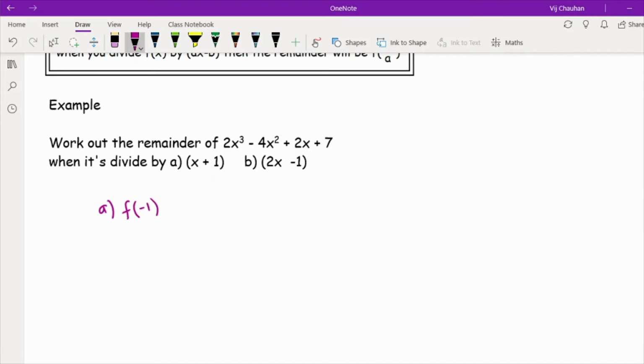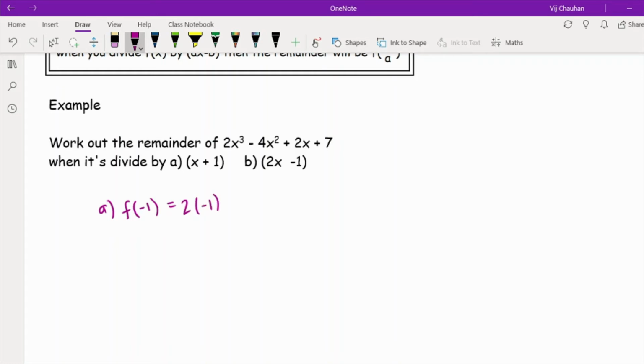Now, to work out what value we substitute in, in terms of the remainder theorem we had x minus a. So if we compare this to x plus 1, then our a value is going to be minus 1. One way of looking at this is that the value you substitute is the value of x which makes that bracket equal to 0, which we've mentioned before in another video. So substituting this in, we just swap x with minus 1.